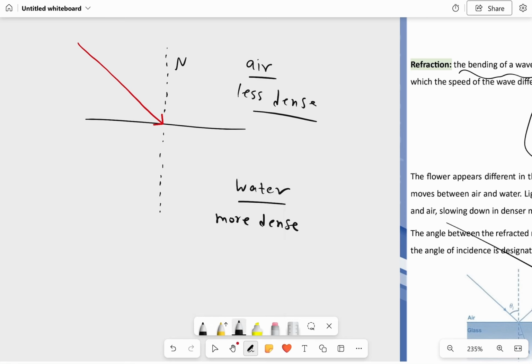This ray that is coming is called the incident ray. We studied that also in reflection. The angle between the incident ray and the normal line, this angle, is called theta I, which is the angle of incidence. If I told you to define angle of incidence, you're going to say angle of incidence is the angle between the incident ray and the normal line.